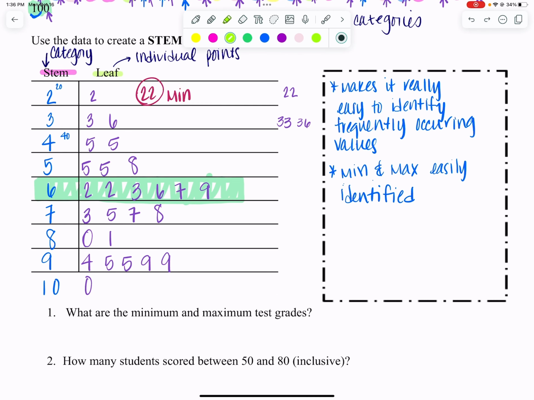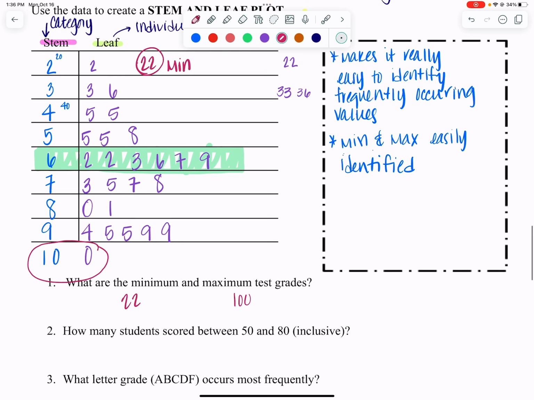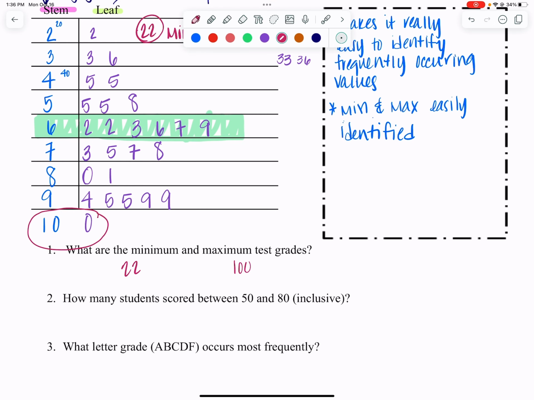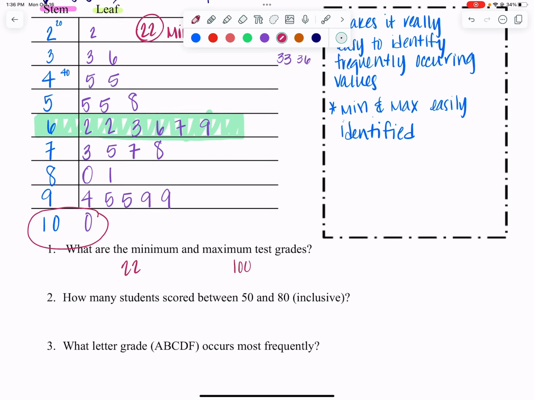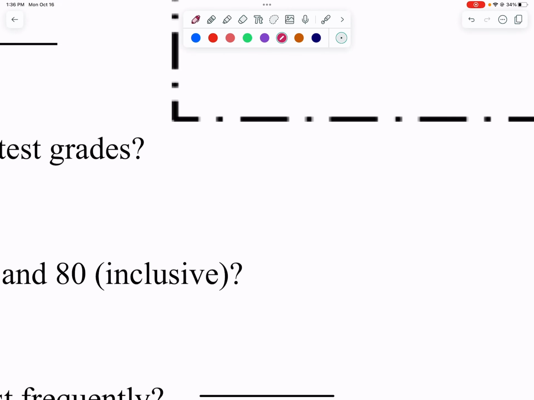What are the minimum and maximum test grades? Well, we already kind of talked about that. I got a little bit ahead of myself, but that's okay. The minimum was 22 and the max was 100. How many students scored between 50 and 80 inclusive?